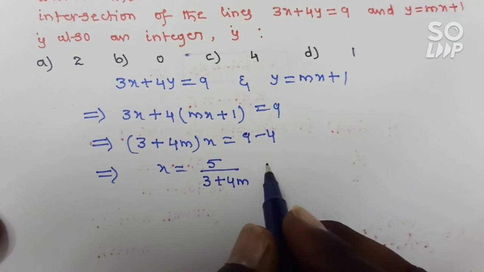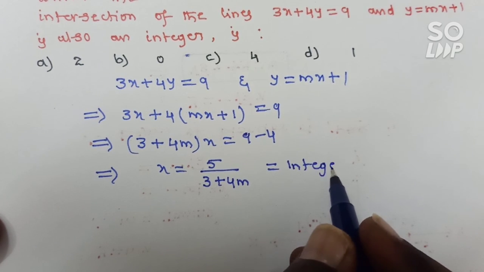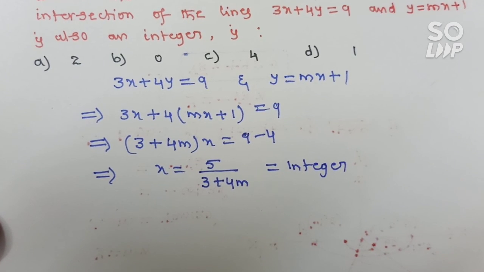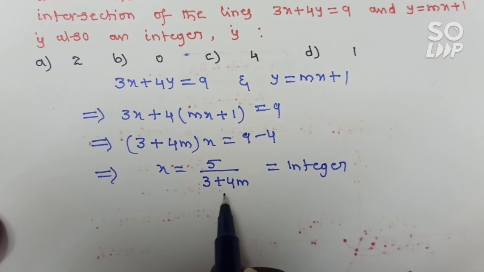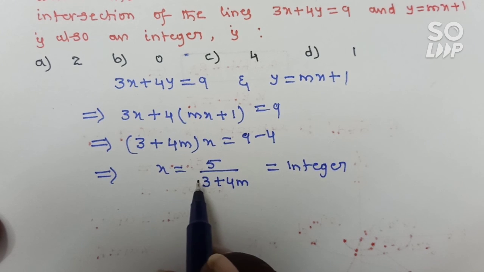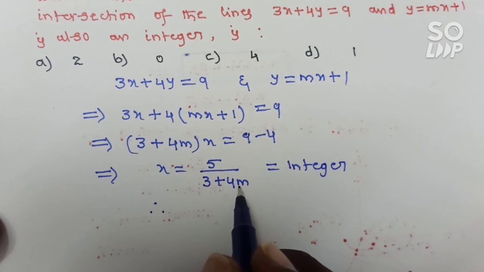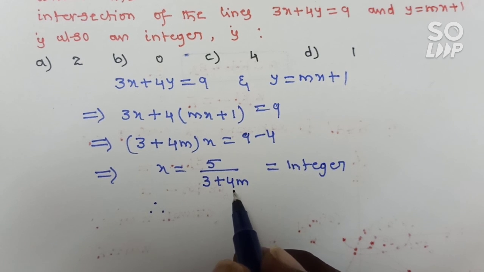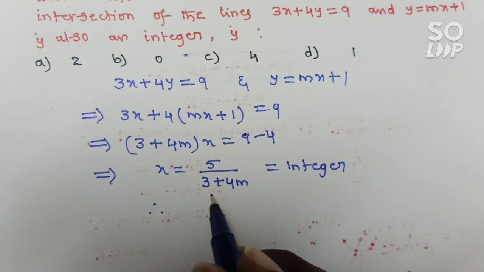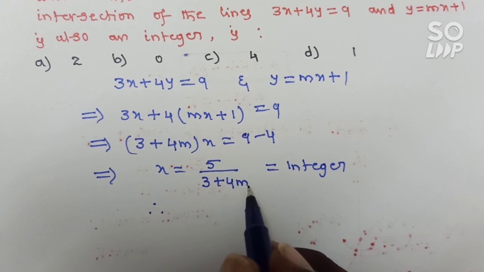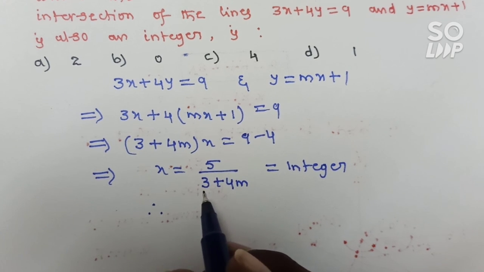So given that this is an integer, for what values is it an integer? For an integer, the denominator should be less than or equal to the numerator.